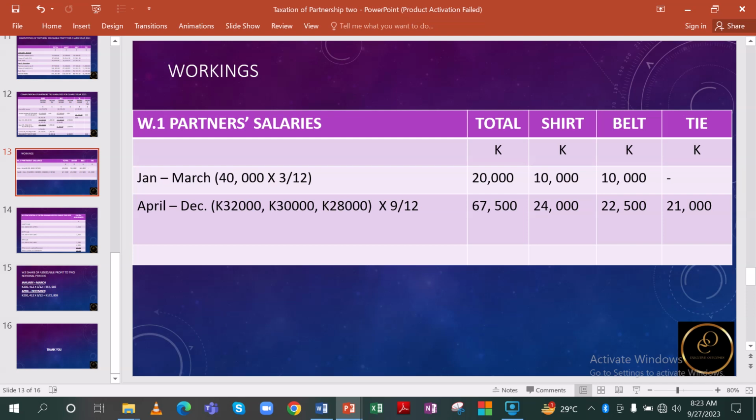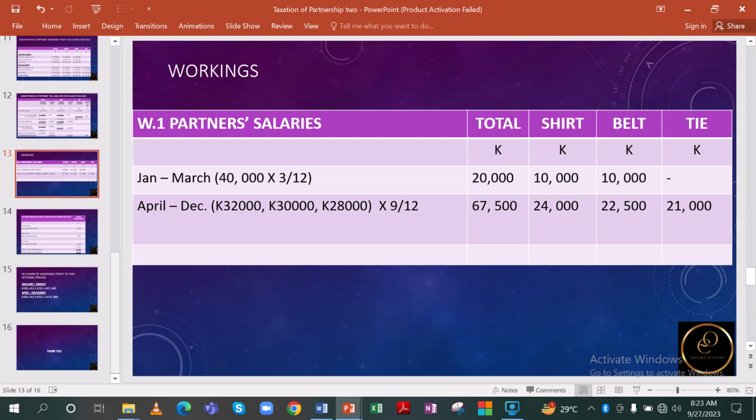Now, we also look at the other salary from April to December, where the partnership had another partner coming, tie. So you notice that when the partnership changed, the salaries also changed. We have 32,000 for shirt per annum, 30,000 for belt per annum, and 28,000 for tie per annum.